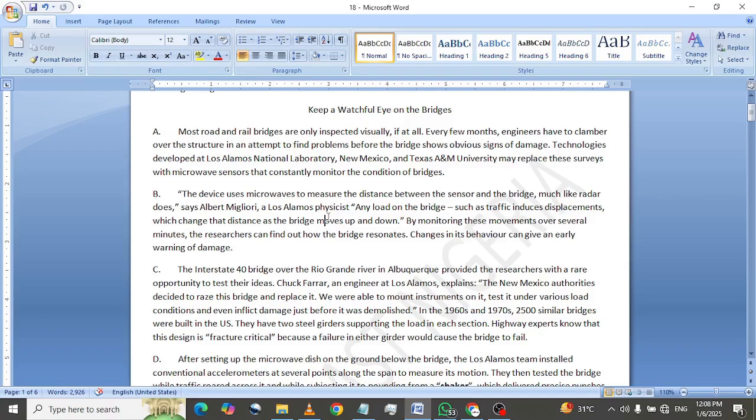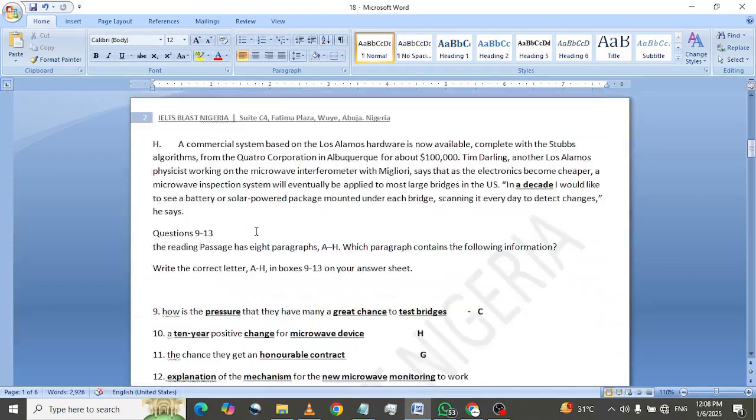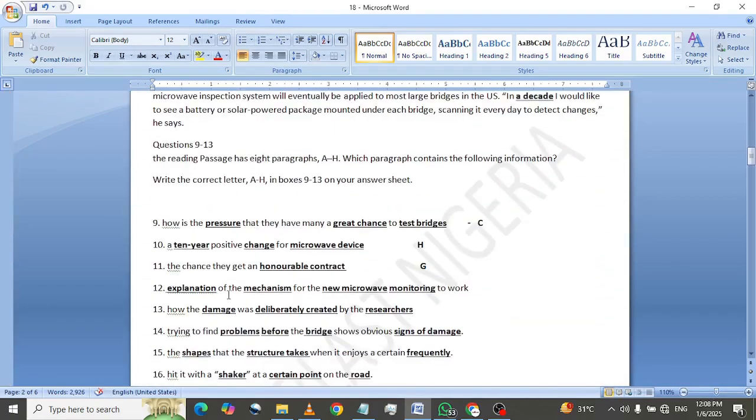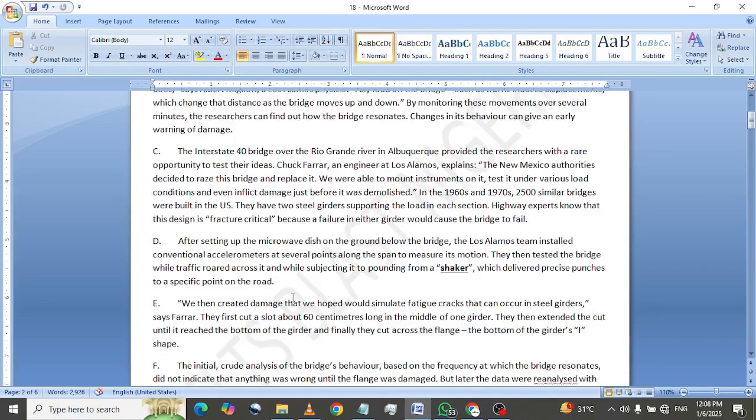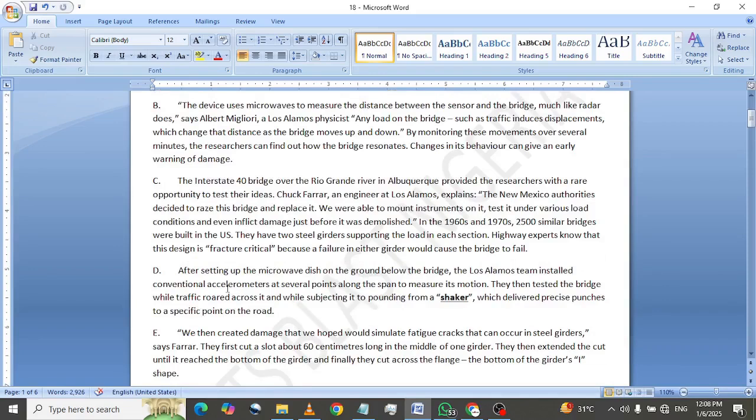Change in the behavior can give an early warning of damage. So the question says an explanation of the mechanism. You can see that this information is inside this paragraph B.